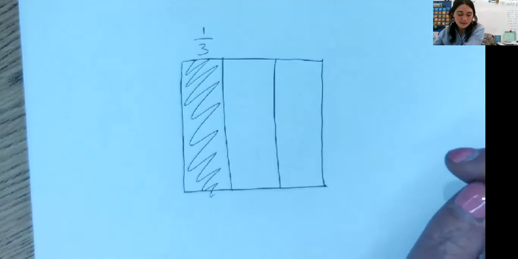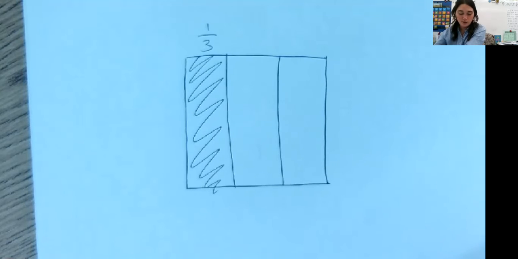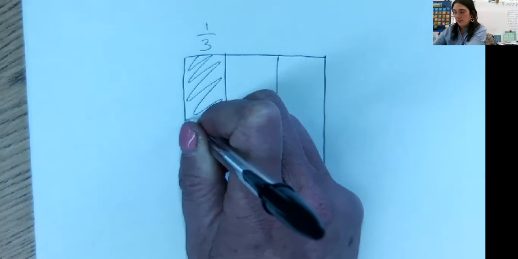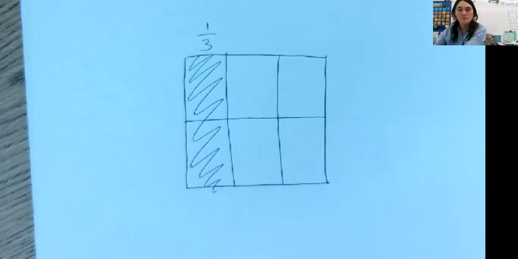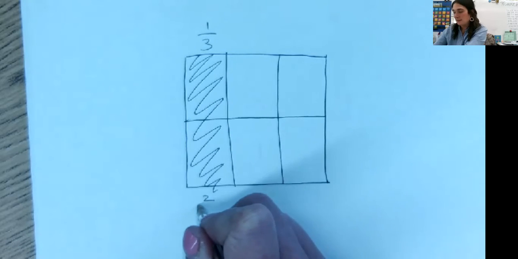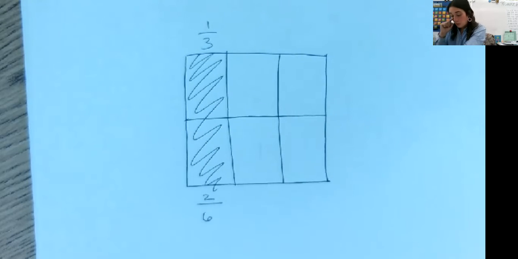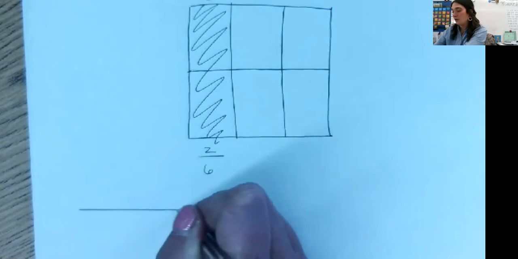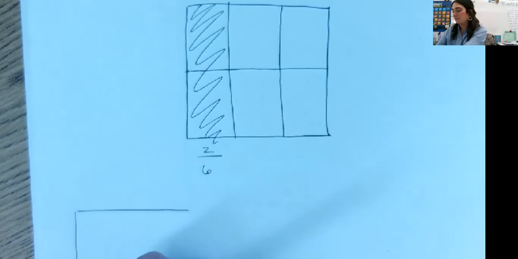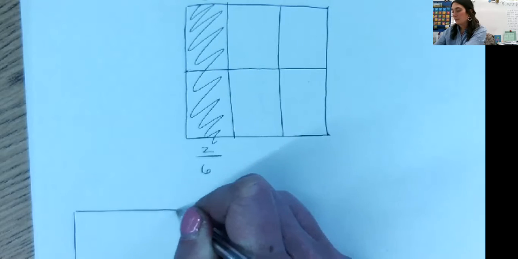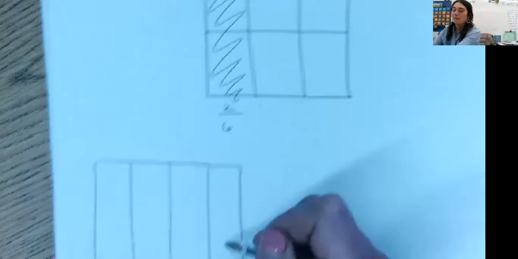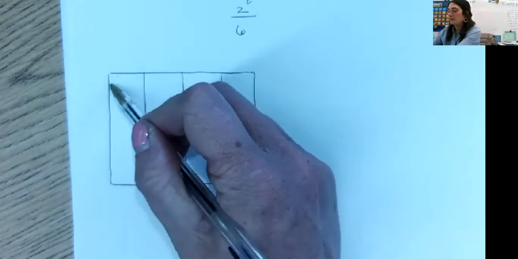1/3. If I wanted to say that it's equal to 2/6, what would I do? Yes, I would divide it in 2. 2/6. Well, what if I had 3/4? I'm going to draw another one. What if I had 3/4?